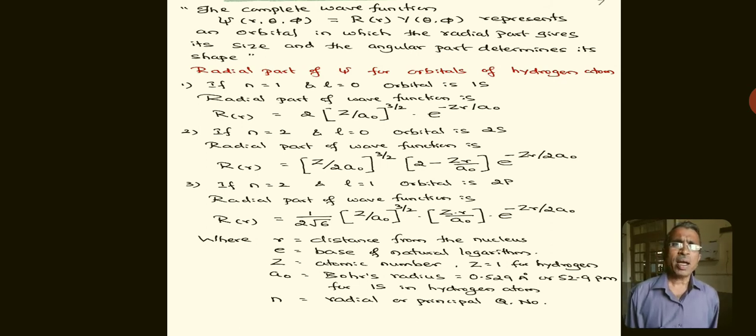The radial part of the wave function for this orbital is R(r) equal to Z upon 2 a naught raised to 3 by 2 into (2 minus Z r upon a naught) into e raised to minus Z r upon 2 a naught.